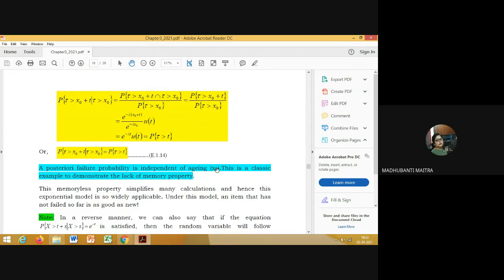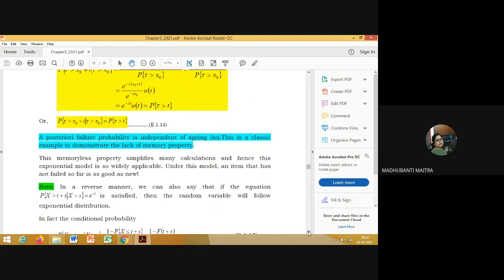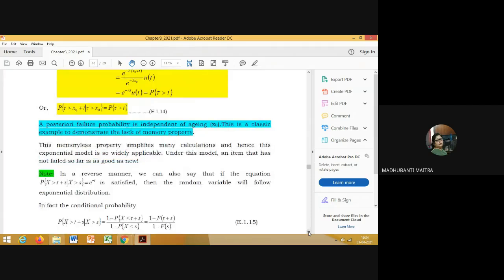This is a classic example to demonstrate the lack of memory property of this distribution. This memoryless property simplifies many calculations, and hence this exponential model is so widely applicable. So under this model, an item that has not failed so far is as good as new.